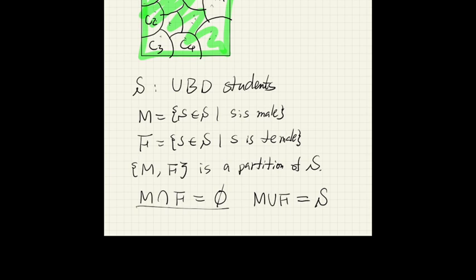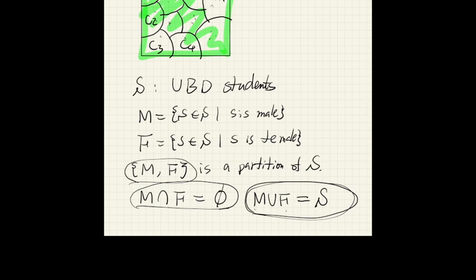Otherwise, there must be some student who is neither male nor female, but I don't think there are such students here. So it covers entire S. So this is mutually disjoint and collectively exhaustive. So this collection is a partition of S. Okay.